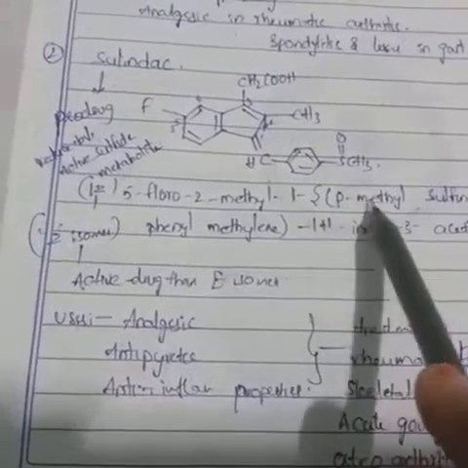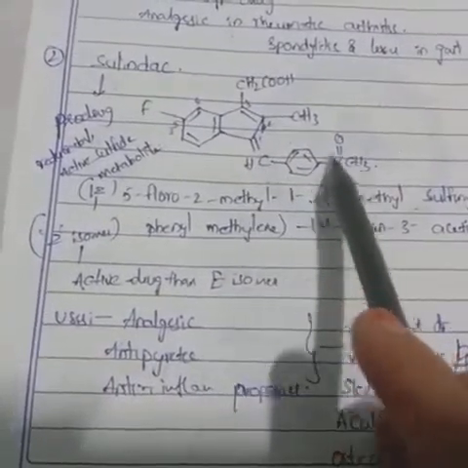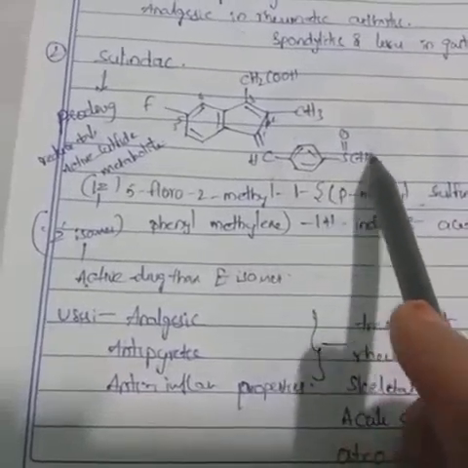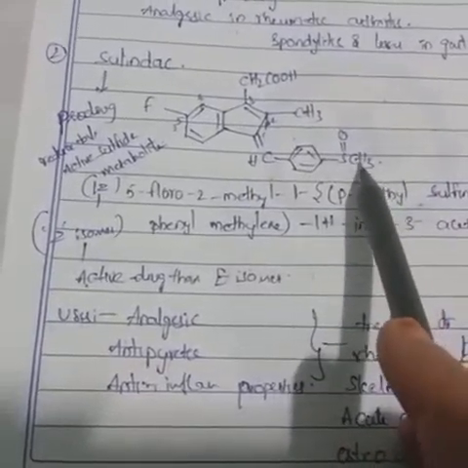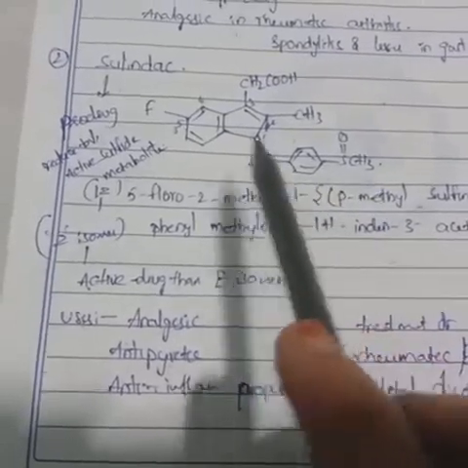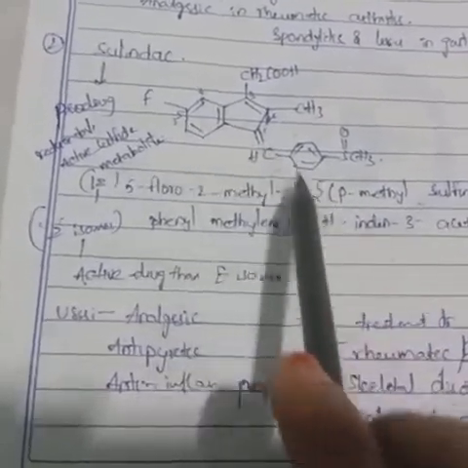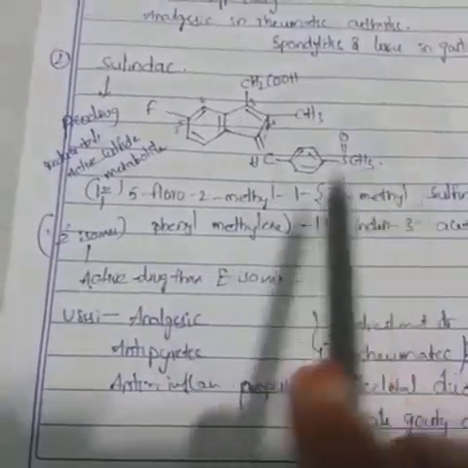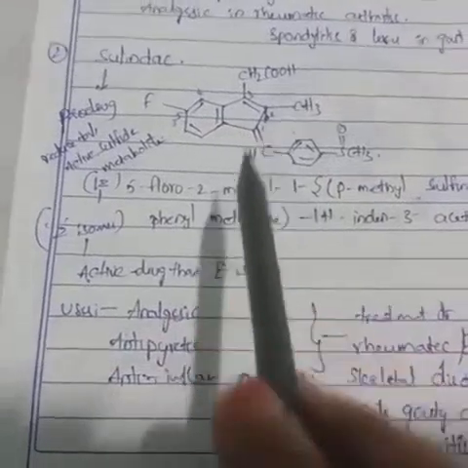At the first position, what is attached? Para-methyl sulfonyl group is there, and a phenylmethylene is there at the first position. This is indene. Third position acetic acid is there. Okay, this is the IUPAC name for this Sulindac.